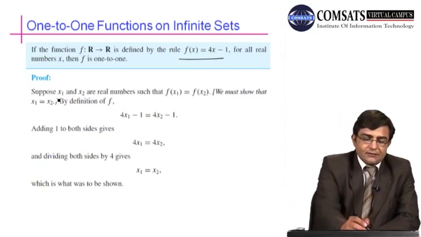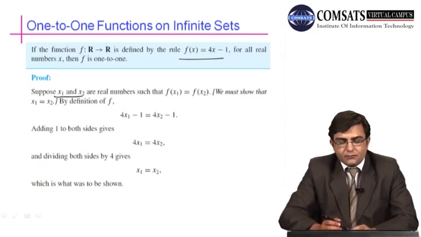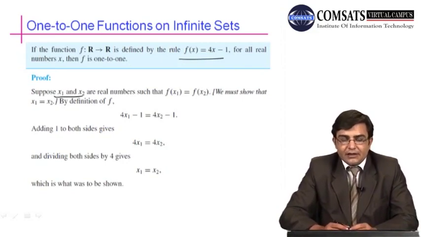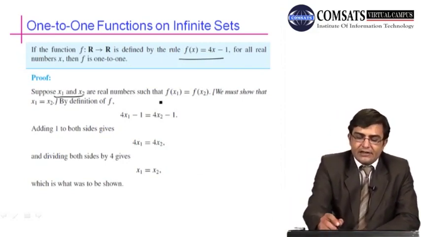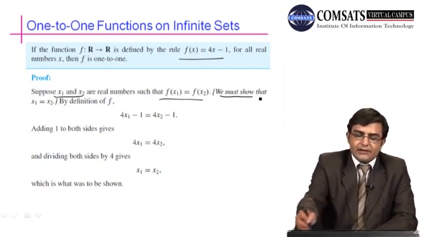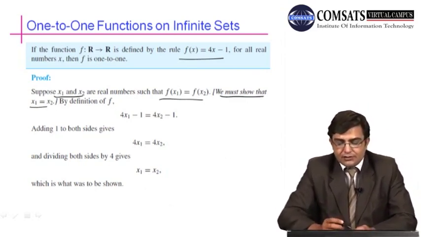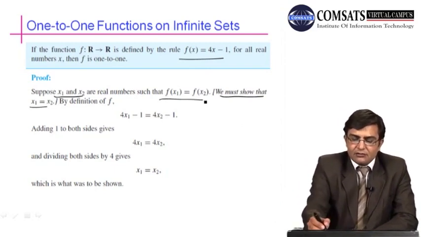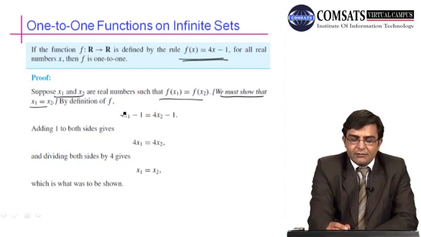We suppose that x1 and x2 are arbitrary two real numbers, and we suppose that their images f of x1 is equal to f of x2, and we must show that x1 is equal to x2. If f of x1 is equal to f of x2, then f of x1 will be 4x1 minus 1, and this is equal to 4x2 minus 1.